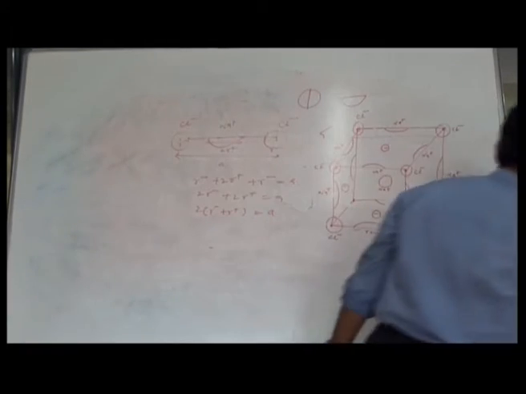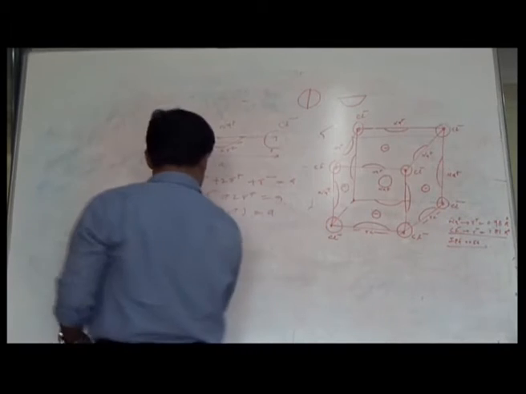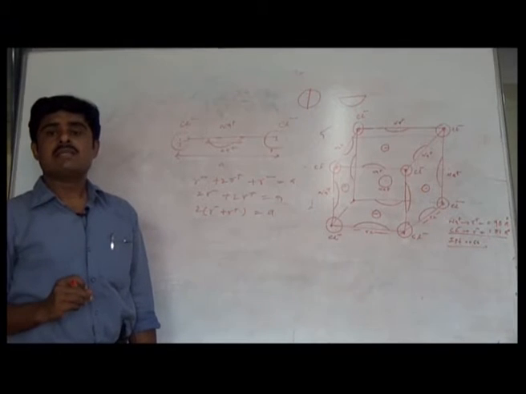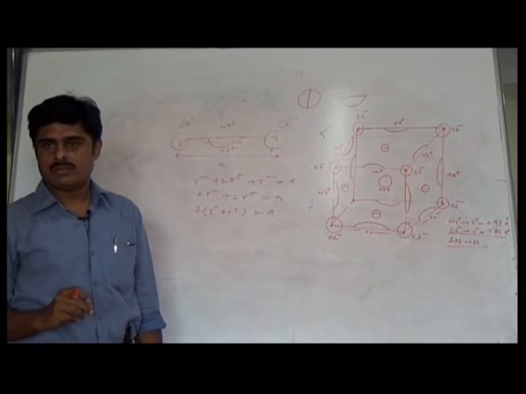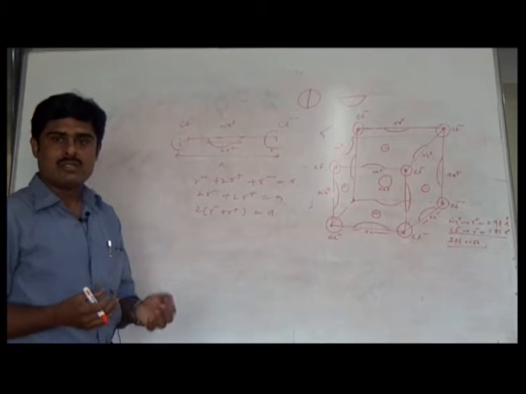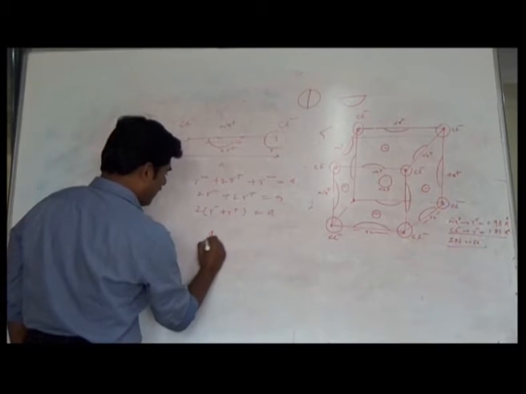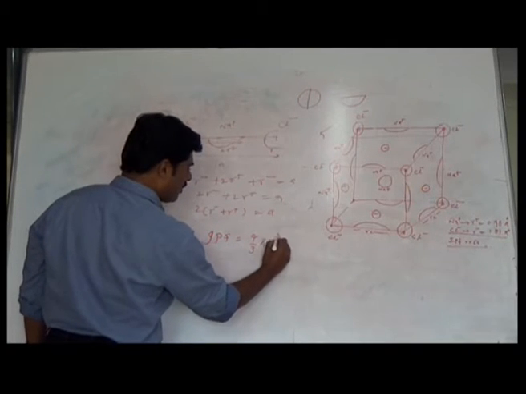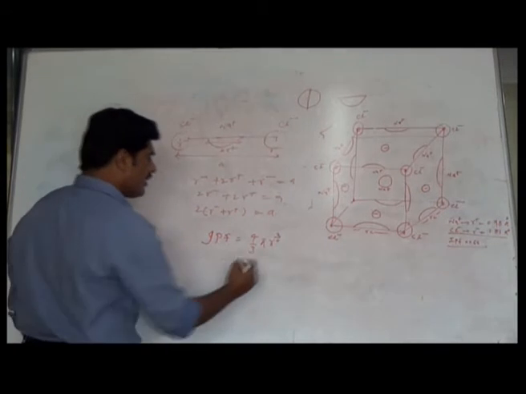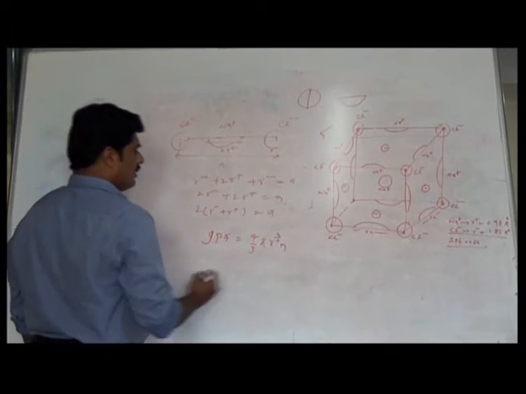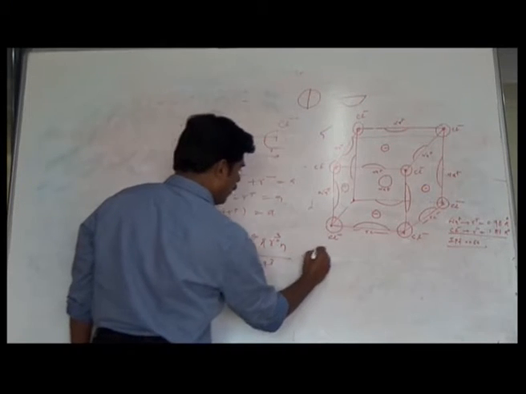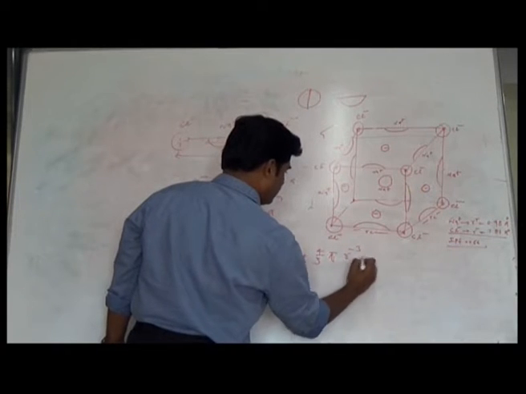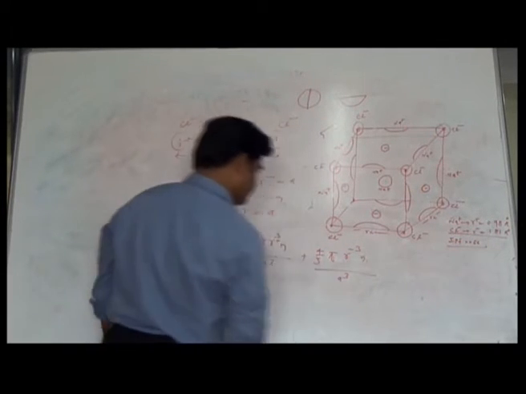Now going to the calculation of ionic packing factor, of course the ionic packing due to the Cl minus and the ionic packing due to the Na plus have to be calculated separately and then added together. We cannot conjugately add them together to calculate it. So this ionic packing factor will be nothing but 4 by 3 pi R plus cube into N divided by A cube, plus 4 by 3 pi R minus cube into N divided by A cube.